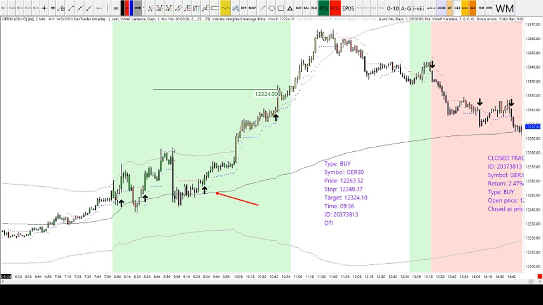We then had this pretty sharp pullback, which held above this low, and so that interested me. It also bounced off of VWAP here, and as soon as it flicked back into buy mode, I was happy to go in for a chance at that, and off it went. It was good, and there were a few other guys in the group that were taking trades as well, so whether it was on this strategy or something else, it was just nice to have everybody all on the same page.